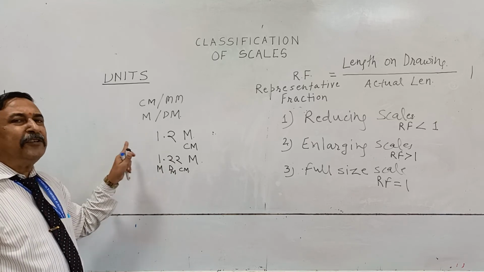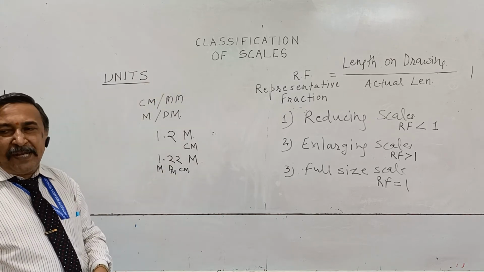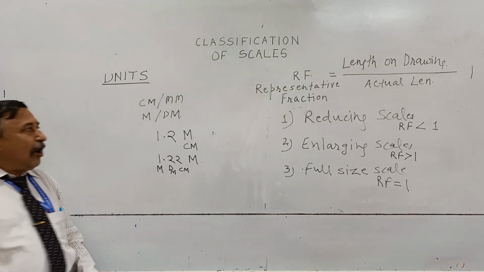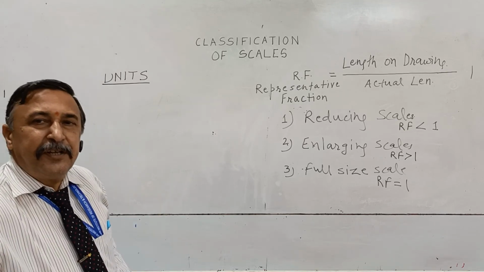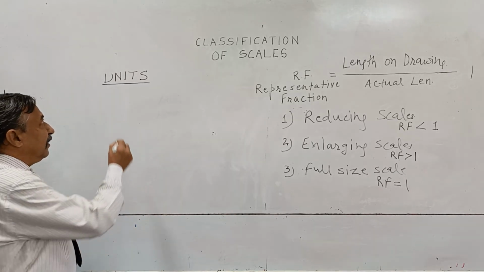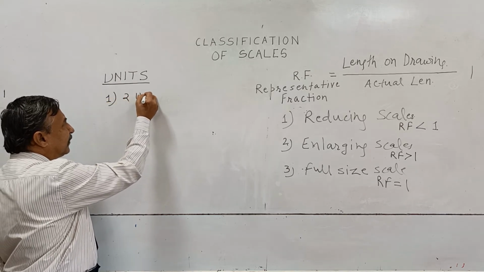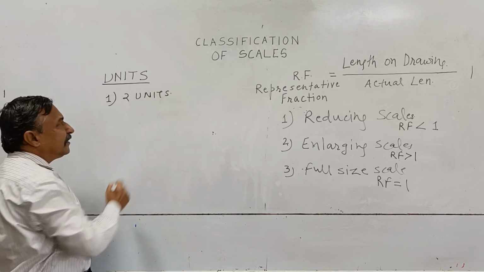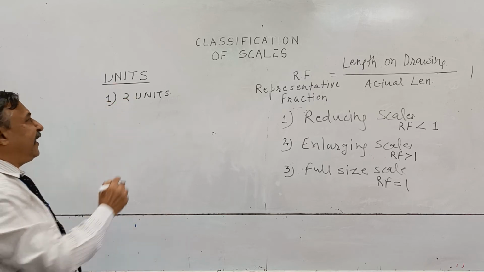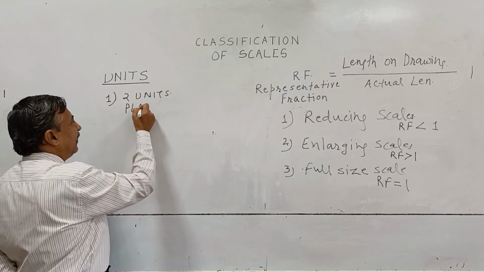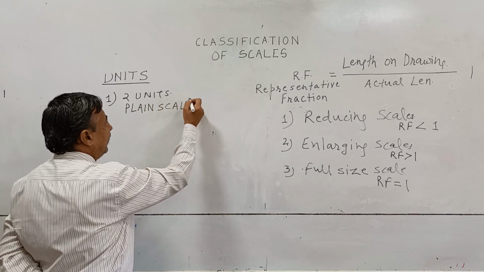So on the basis of units, we can classify the scale. Now how can we classify the scale? If in your scale there are 2 units, as we discussed earlier, that scale is called a plain scale.